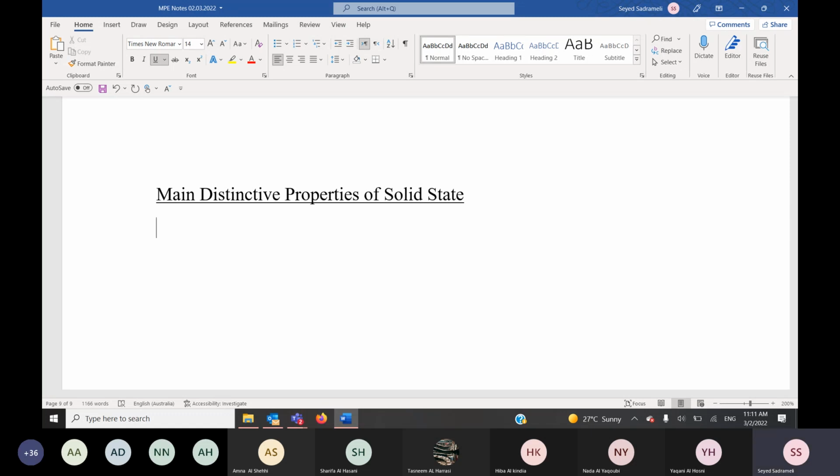Just name some of the properties of the solids. What are the important properties of the solid?